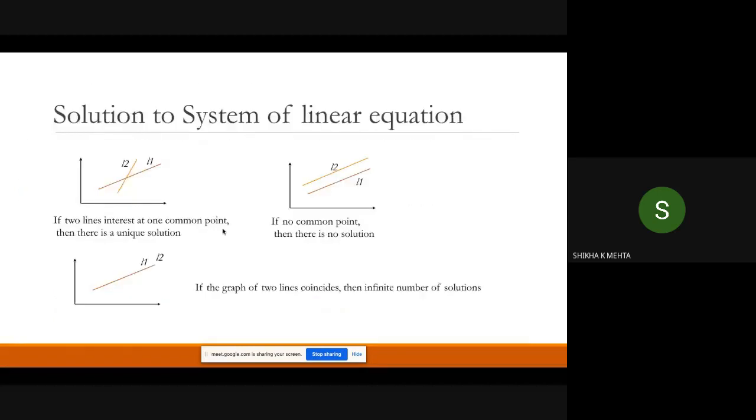It is basically a finite collection of linear equations with some variables, and each of these equations is a hyperplane. If they have a common point, then there will be a solution, as we discussed in the previous slide. These lines are nothing but the linear equations. If two linear equations intersect at one common point, then they have a unique solution. Otherwise they may have infinite solutions, or there may be no solutions.